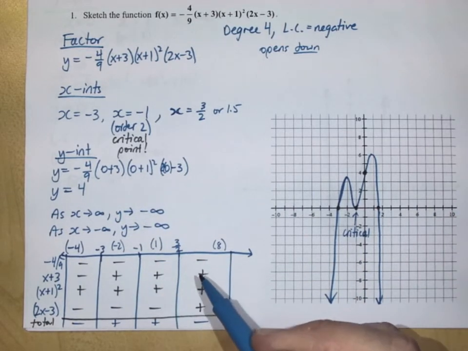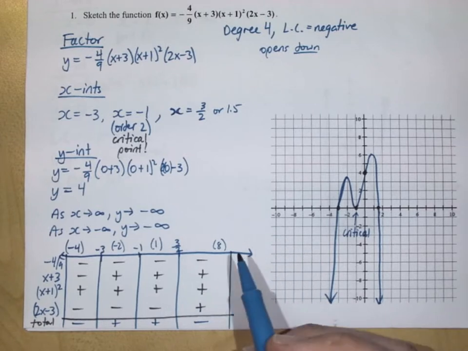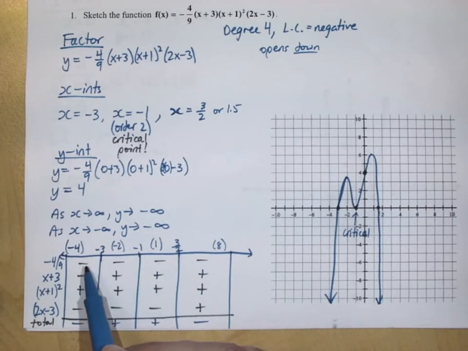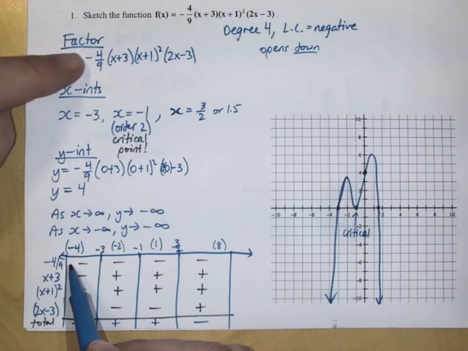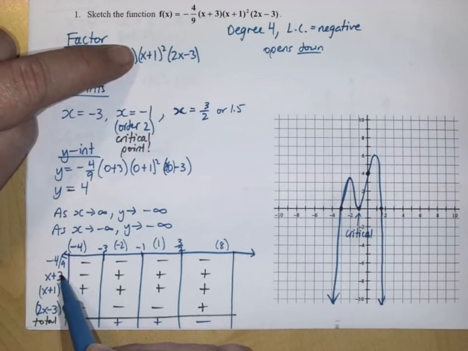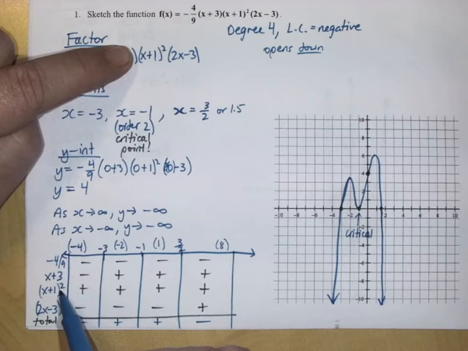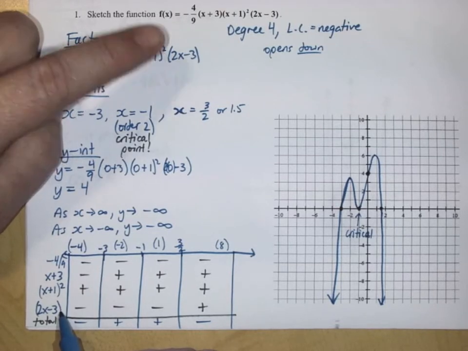This chart is what's called a sign chart, and I'll explain it briefly for you. What you want to do for a sign chart is take all of the factors that you found up here and write them down the left side. So here's -4/9 is a factor, x plus 3 is a factor, x plus 1 squared, don't forget the squared, is a factor, and 2x minus 3 is a factor.